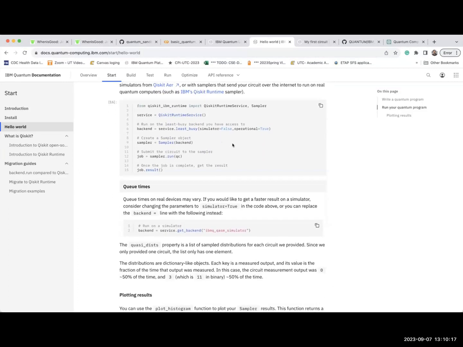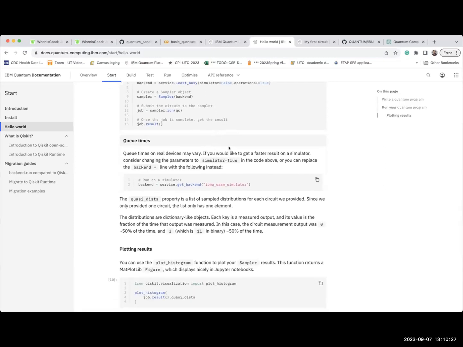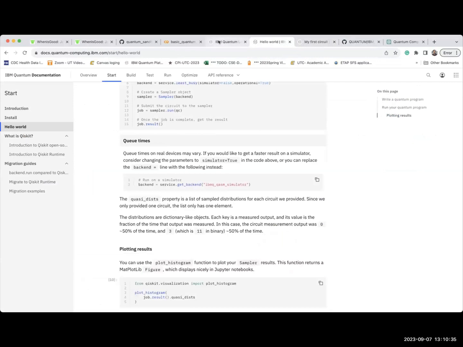We can run this on the IBM computer, but we can also run this on a simulator. In Colab, we often just run it on a simulator. I did send something to IBM before the class, but I forgot which page I used.